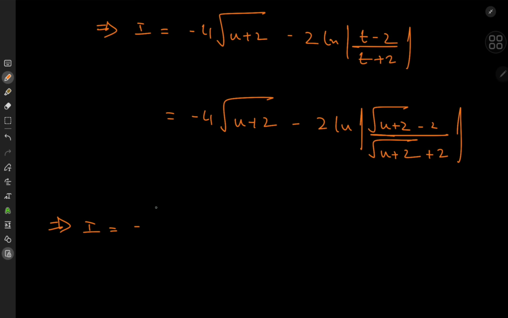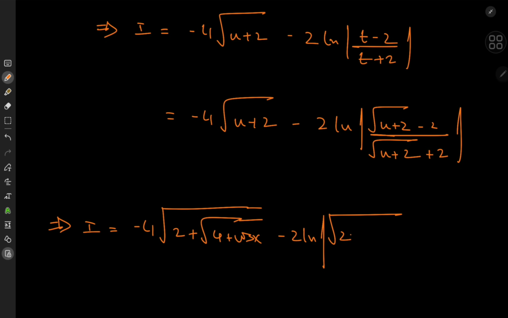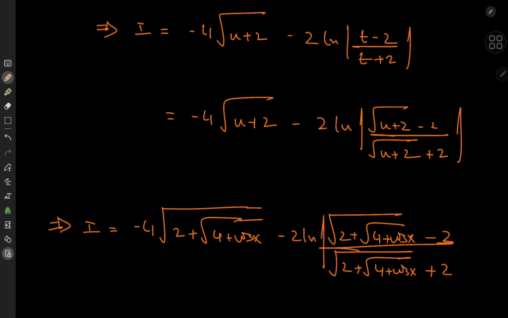We have -4 times root 2 plus root 4 plus cosine x, and we have a -2 logarithm absolute value of root 2 plus root 4 times cosine x minus 2 over root 2 plus root 4 plus cosine x plus 2, plus a constant of integration, which is not required by the competition as far as I remember, but we're math nerds. I mean, why not? That was awesome.